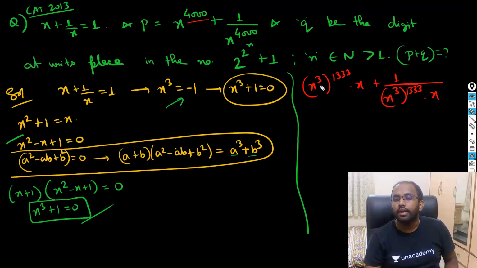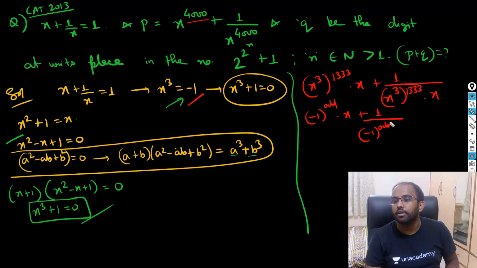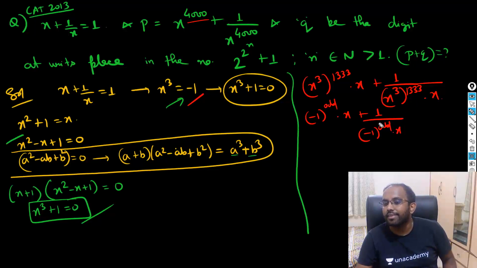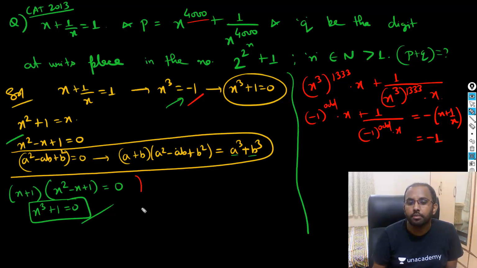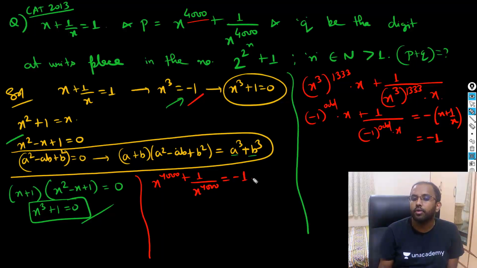Okay, and this x cube is minus 1, so I'll put minus 1 to some odd power here, into x, and again plus minus 1 to some odd power into x. This becomes minus of x plus 1 by x, and x plus 1 by x I know is 1, so it ultimately becomes minus 1, right? That means x raised to 4000 plus 1 by x raised to 4000 is equal to minus 1.